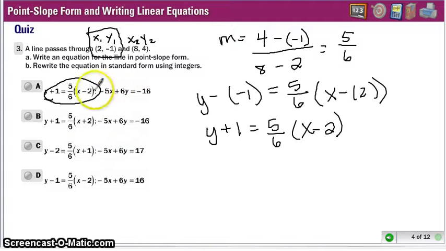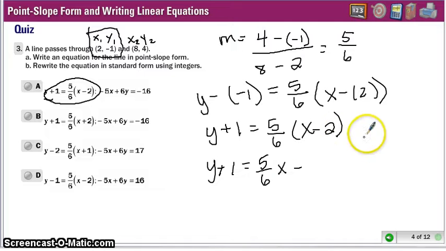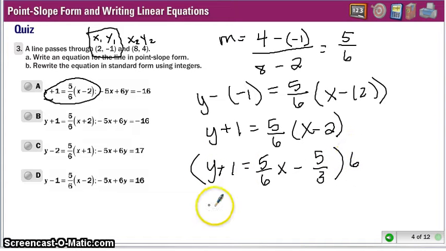Okay, you would sometimes have to turn this into standard form, and how you would do that is you first need to distribute your fraction here. y plus 1 equals 5/6x minus 5/6 times negative 2, which would be negative 5/3. Now to get rid of fractions, you would have to multiply through, in this case by 6.